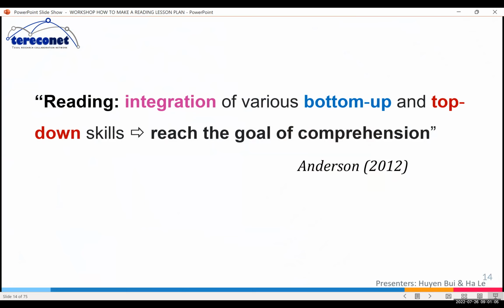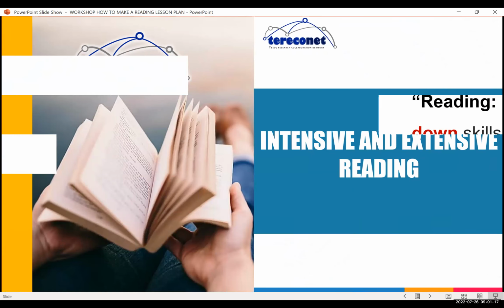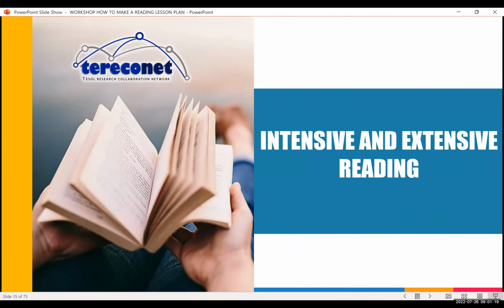As the teacher, it is up to you to choose the suitable approach for your students to apply on that lesson. Okay, now let's review something related to intensive and extensive reading.